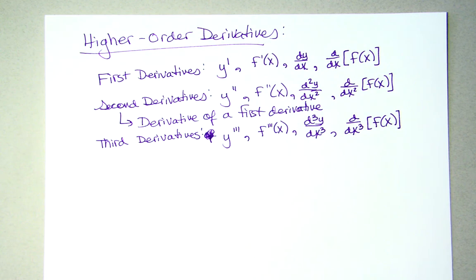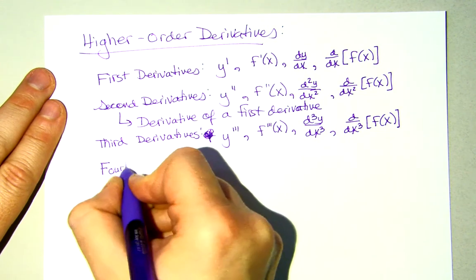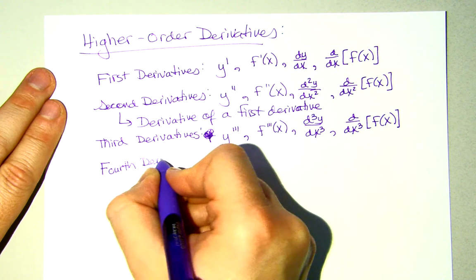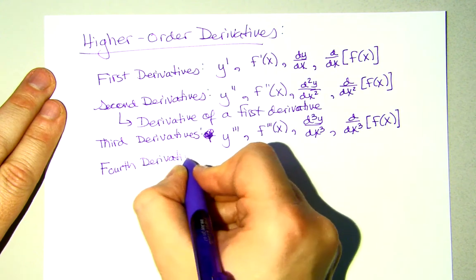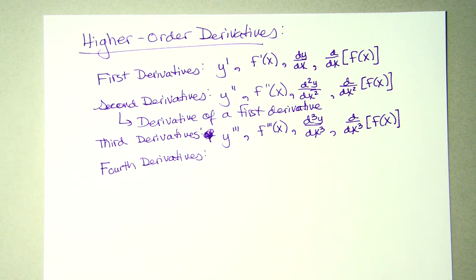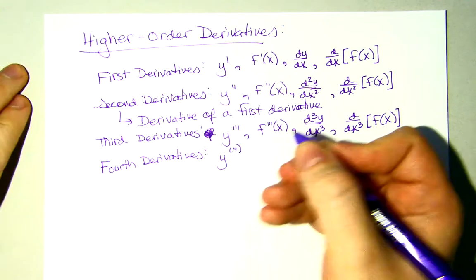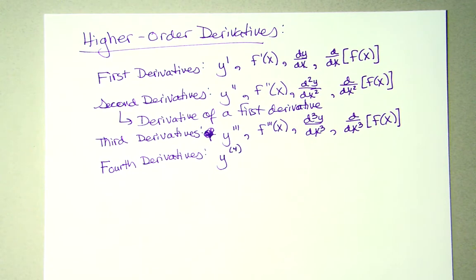And I am going to go one more layer because the symbols actually change a little bit after the third derivative, so I do want to show you the symbols for the fourth derivative, which is the same as anything beyond that. Because after like 3 tick marks, it's really tough to be able to look at a symbol and immediately tell how many tick marks there are. We changed the notation after this to say y with a little 4 in parentheses, kind of like a power, but it's not.